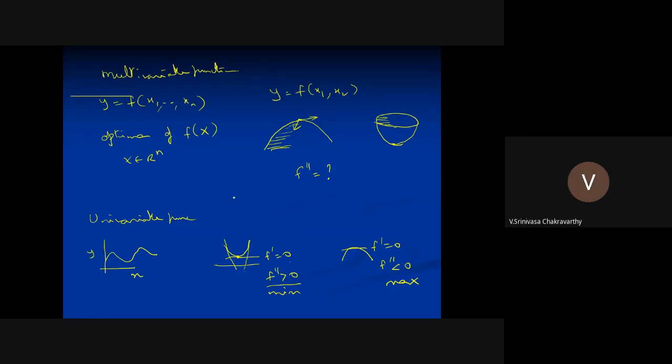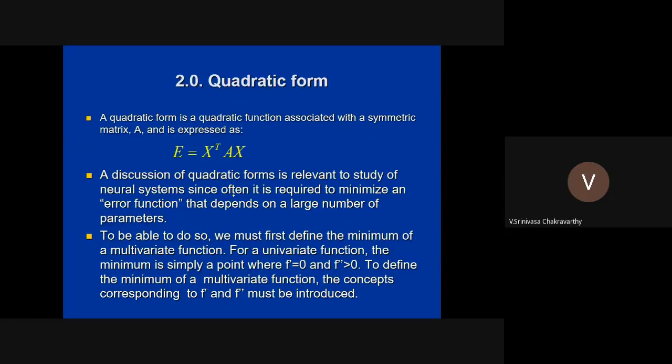Similarly, in the case of multivariate functions, you need to study at least a quadratic function. And a quadratic function in the multivariate case can be very compactly represented in matrix notation by this expression: x transpose A x, where A is a square matrix, and actually a square symmetric matrix. We'll see very soon why it has to be symmetric. This expression is called a quadratic form.